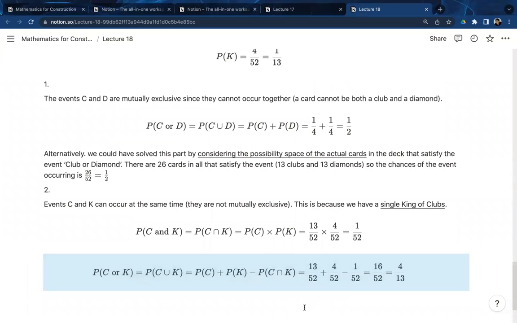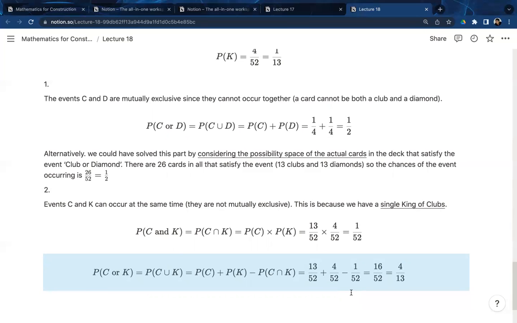And you don't even need to do all this if you just think about the possibility space. If I tell you you're getting money for a king or a club, well, how many cards in the deck are kings or clubs? You have 13 clubs and you have 4 kings, but one of them is a king of clubs.